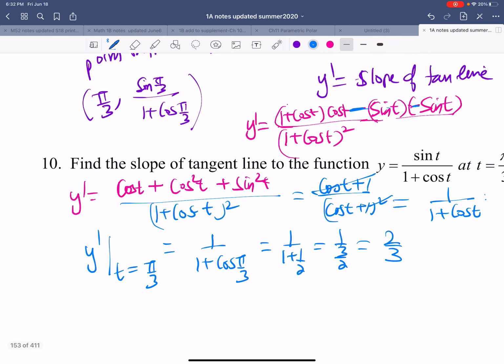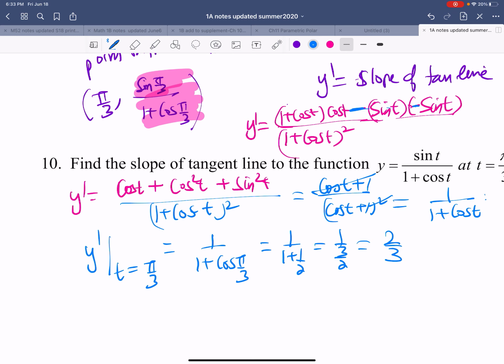Now I do need to find the point, sine pi over 3 over 1 plus cos pi over 3. And I'm just going to use a calculator, or you can go ahead and plug the values from the table here. If you are using a calculator, make sure you're in the radian mode.